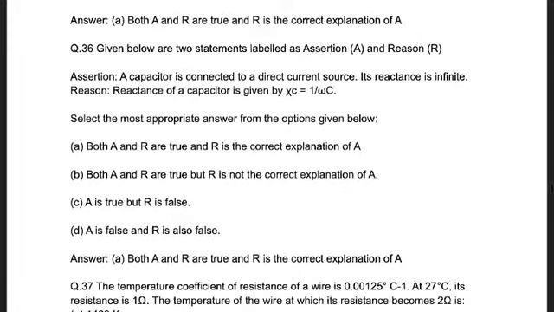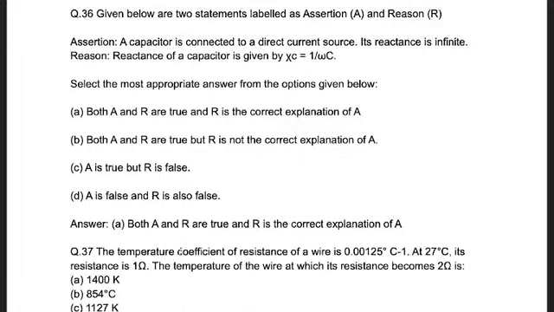Question number 37. The temperature coefficient of resistance of a wire is 0.00125 per degree C. At 27 degrees Celsius, its resistance is 1 ohm.